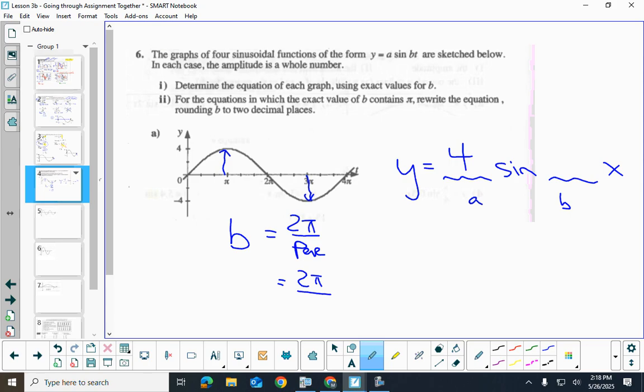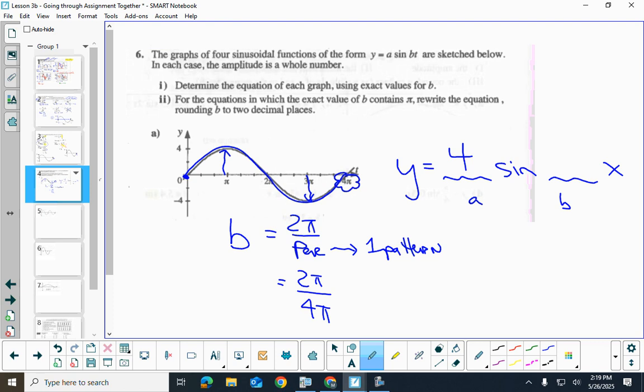Period, remember, is the length of one pattern. So the graph starts at 0, goes up, down, up. How long is one pattern? 4 pi. So you're going to just go 2 pi divided by 4 pi.